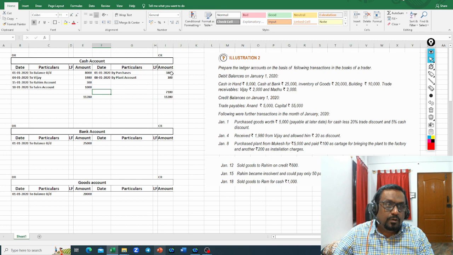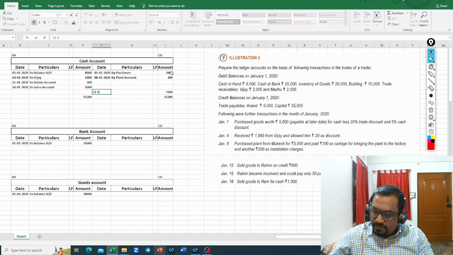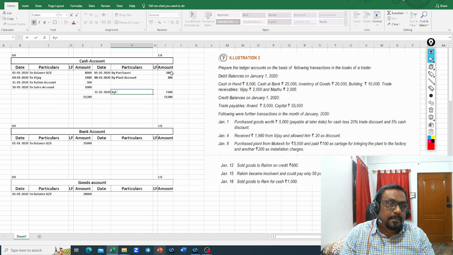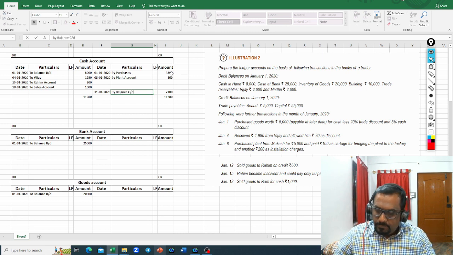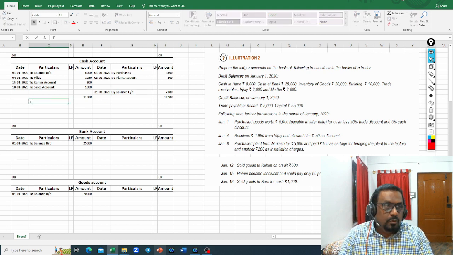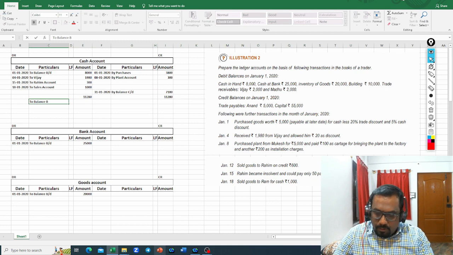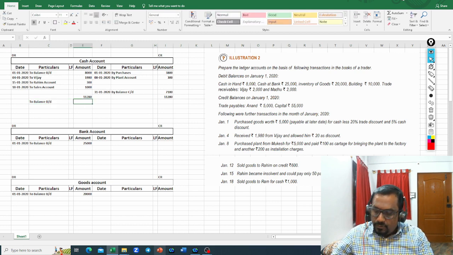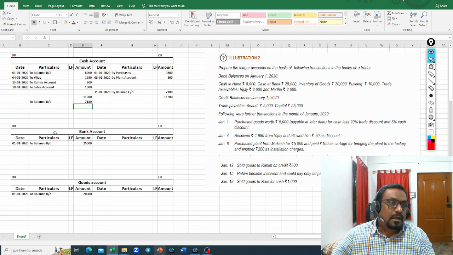So by the end of January, 31st January 2020, I will write this as by balance carried down, right? This is what I did. And next month, I need to bring this down. Since carried down has come on this side, brought down should come on this side. So to balance brought down 7,180. That's all. Cash account is already done.